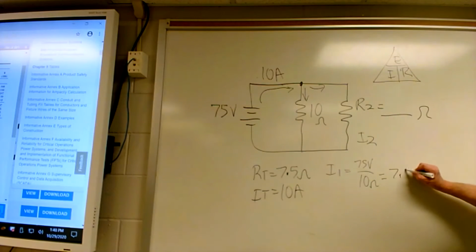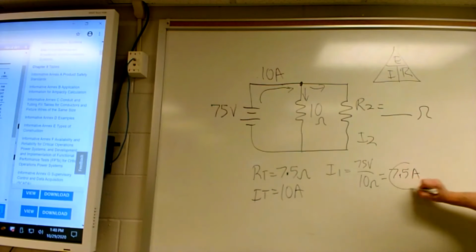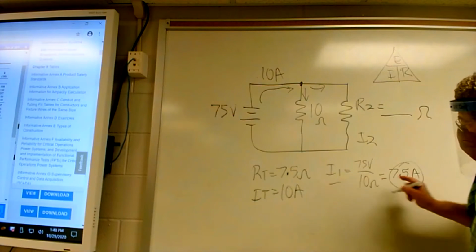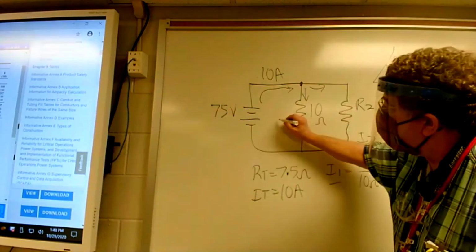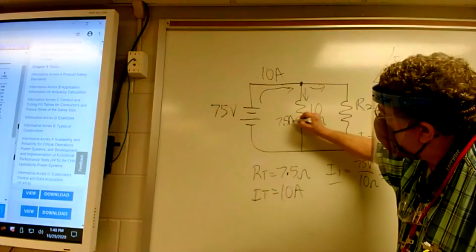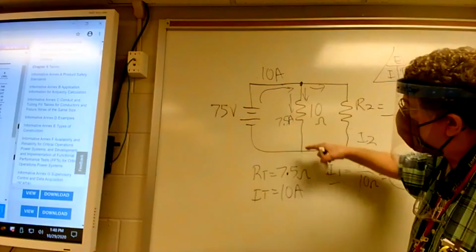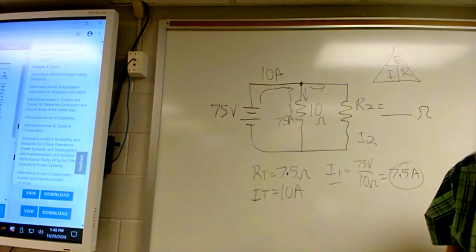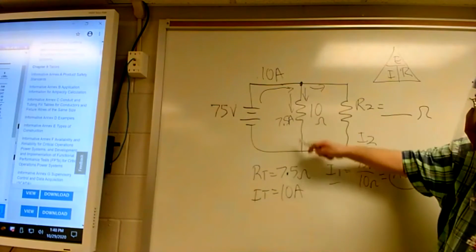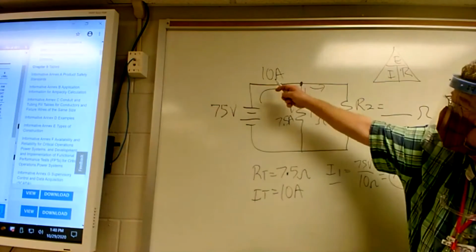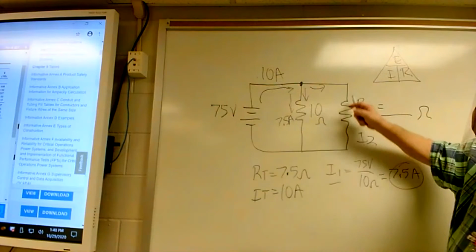7.5 amps. That's R1. Correct, that's I1. Okay, and so let's put a number in here. Let's say 7.5 amps is actually flowing in this leg. So just use deduction: if 7.5 is flowing through this leg, and I've got a total of 10, then what's the remainder for this one?